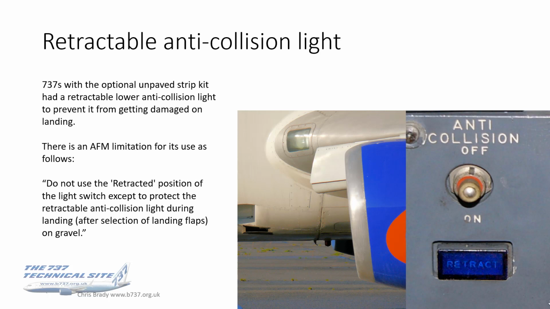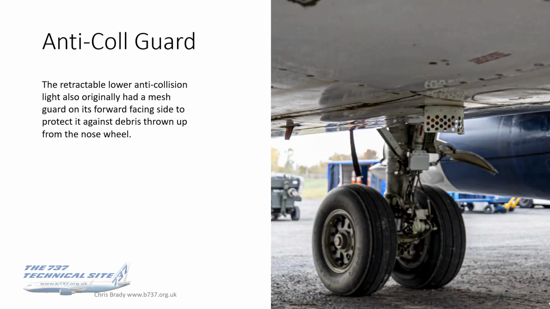In other words, it's only to be used for landing on gravel. Those aircraft also had a mesh guard on the forward-facing side to protect it against debris thrown up from the nose wheel, which you can see there.